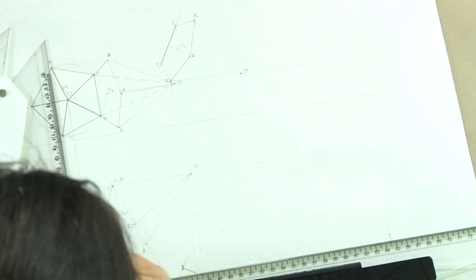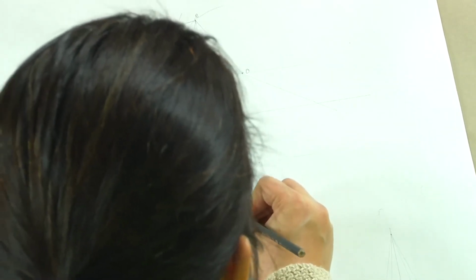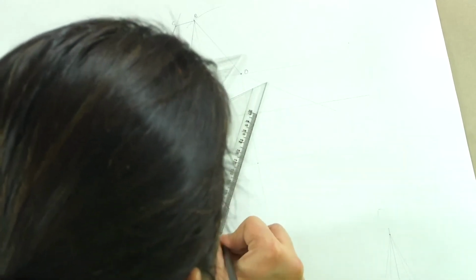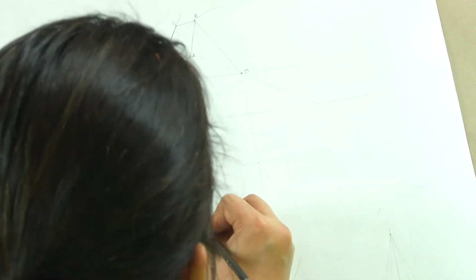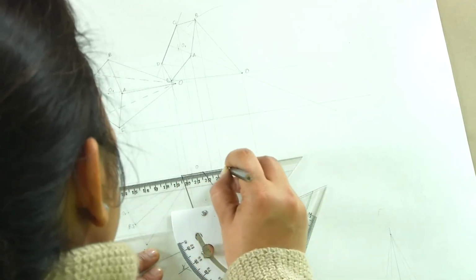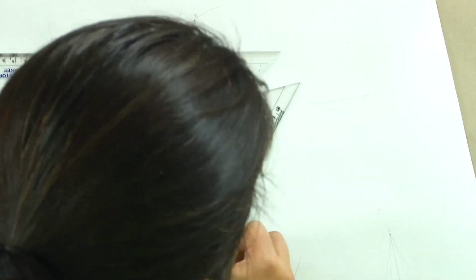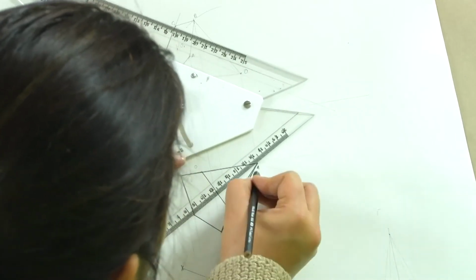And if I now darken it, you will be able to get the final shape of this cone, which has its face resting parallel to VP, and it is inclined at 30 degrees to the HP. And you can make the hidden lines also here.